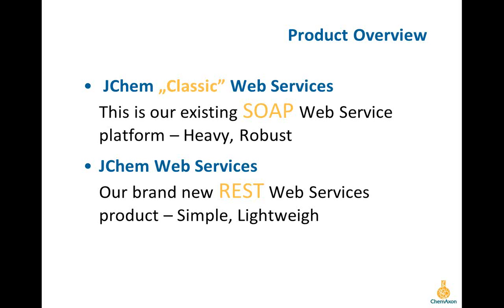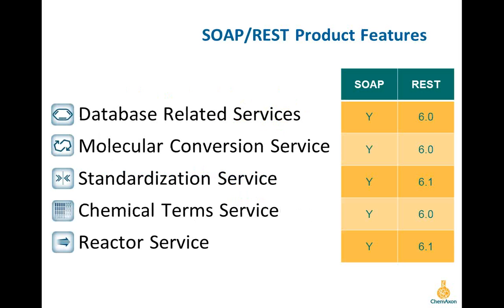Okay, for the naming, till 6.0, so till the upcoming release, JChem Web Service meant the classic one, and from the 6.0 version, JChem Web Services means the new one, and the old product is renamed to Classic. We still maintain it, so if you need SOAP integration, you can surely use it. Okay, here is a quick comparison between the two products.